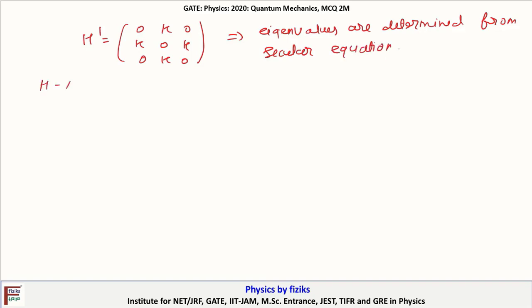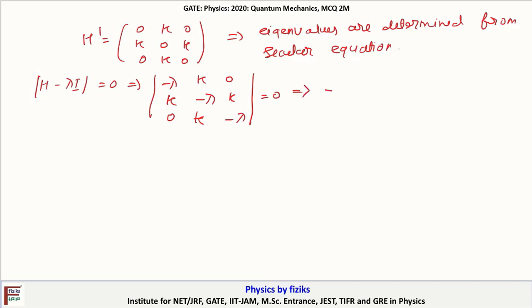That is, the determinant of H dash minus lambda I is equal to 0, which implies minus lambda, K, 0; K, minus lambda, K; 0, K, minus lambda equals 0. This implies minus lambda into lambda square minus K square, plus lambda K square, is equal to 0, or lambda into minus lambda square plus K square plus K square is equal to 0.